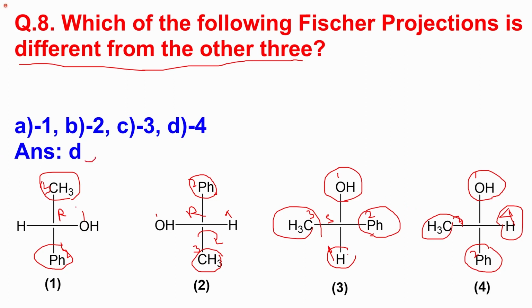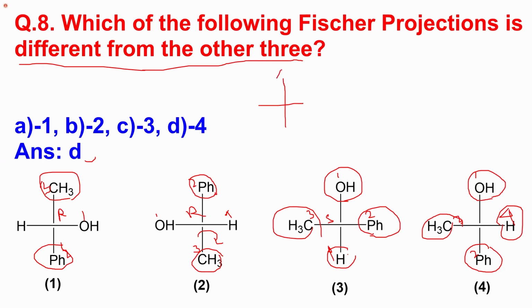But first of all, I would like to show you, with the Fisher projection in this manner, how you can identify and find the RS configuration. So let's say first we'll go to one simple example.